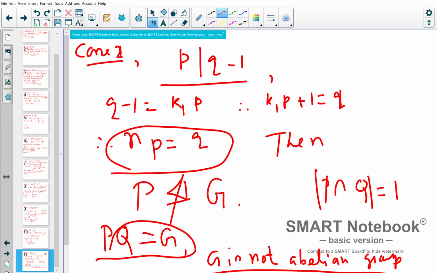So for a group of order PQ of the form P less than Q, there will be a Sylow Q-subgroup which is normal, and the Sylow P-subgroups may or may not be normal. If it is normal, then G will be cyclic, and if it is not normal, if there is more than one option, then it is not even abelian. You can check this at home.